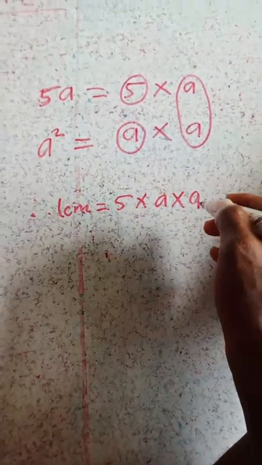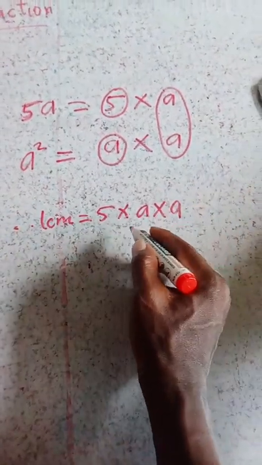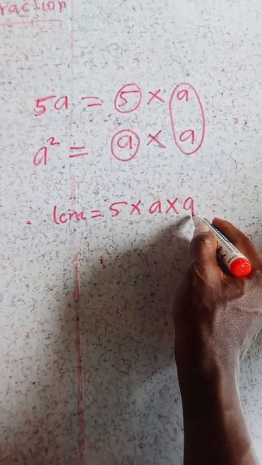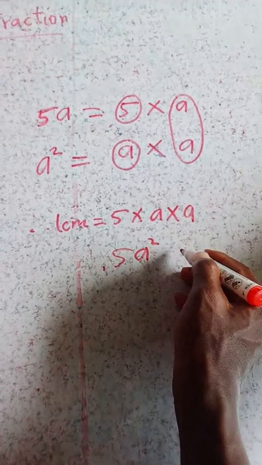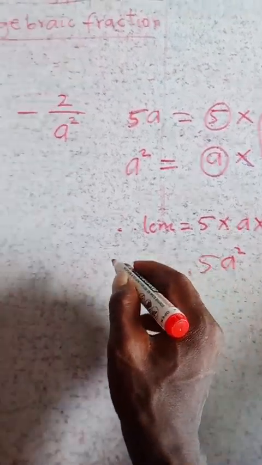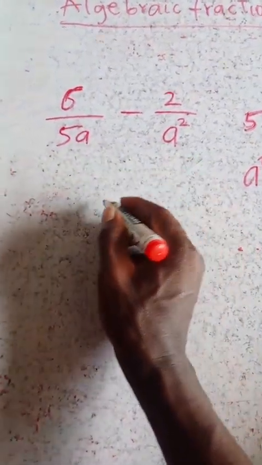You multiply all of them together. 5 times a is 5a, times a again is 5a squared, because the a's are 2. So the LCM of 5a and a squared is 5a squared.